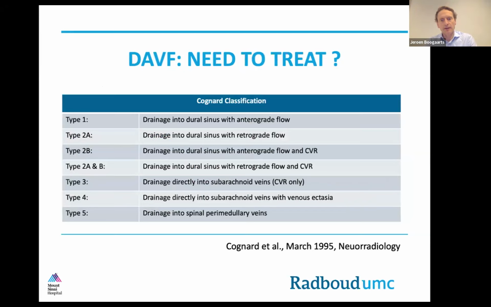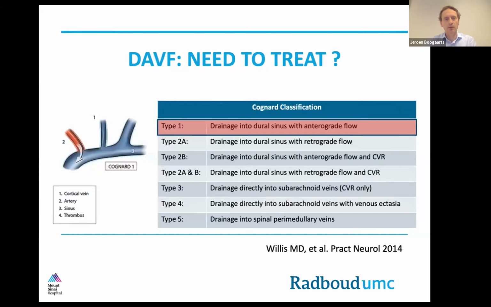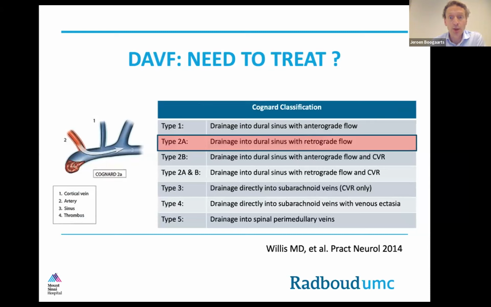But Cognard also described, in the same year, his classification, which is a little bit more elaborate, but I think it's more useful. Type 1 is drainage into the dural sinus with antegrade flow. Type 2A is retrograde flow, however without any corticovenous reflux.